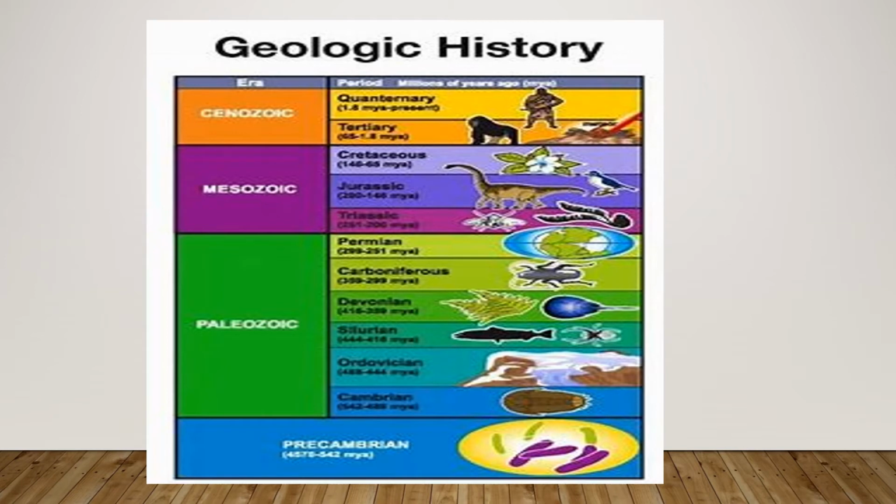On this slide, we can see another additional period in the geologic timescale. This is the Precambrian period. It is a period wherein the rulers of the Earth were microorganisms or bacteria. Okay?